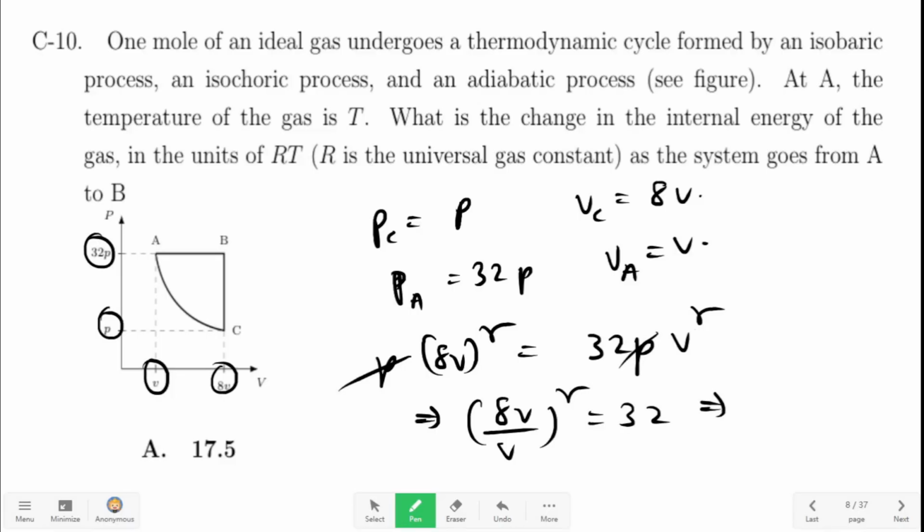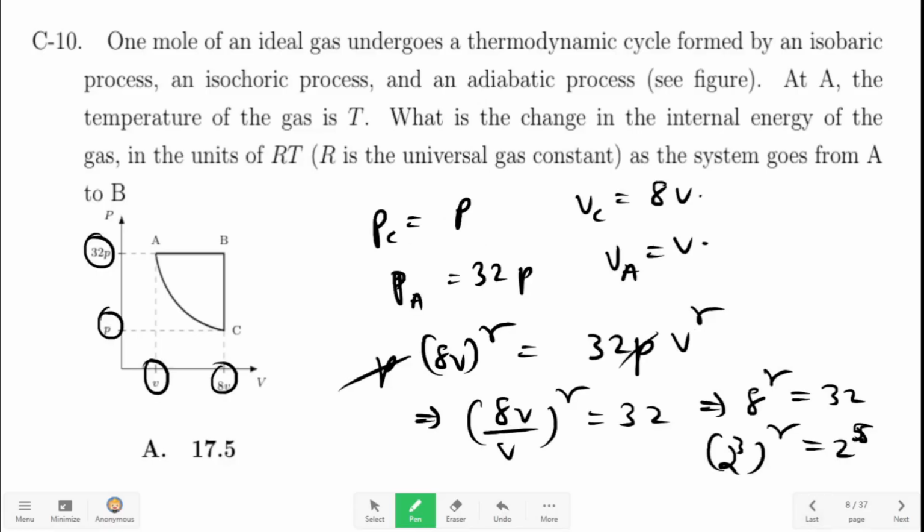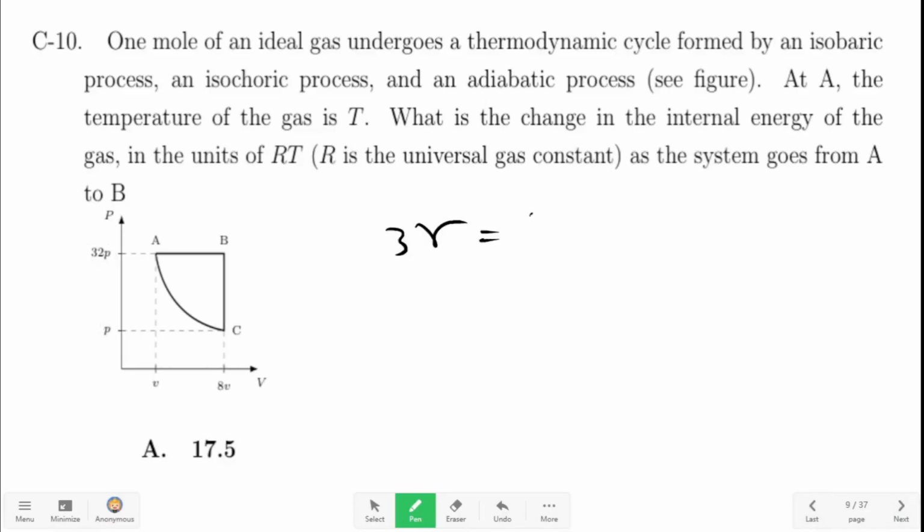Which means 8 raised to gamma is equal to 32, or 2 raised to 3 gamma is equal to 2 raised to 5, which implies 3 gamma is equal to 5, or gamma is equal to 5 by 3.